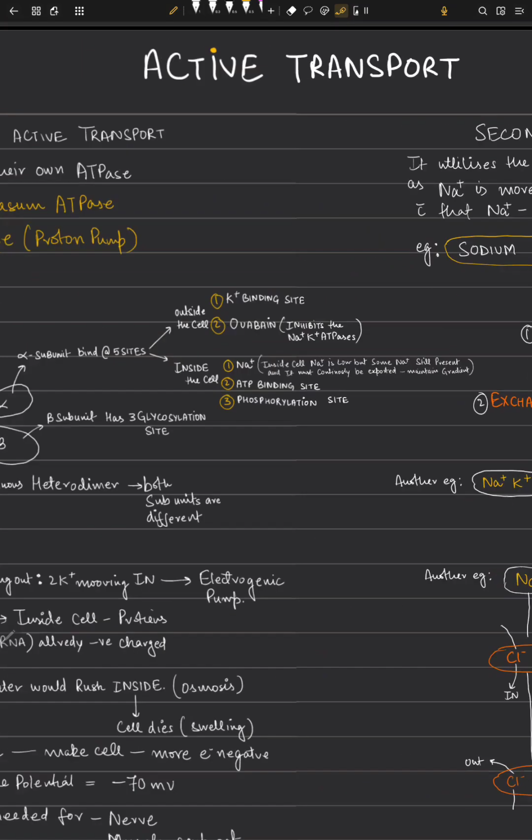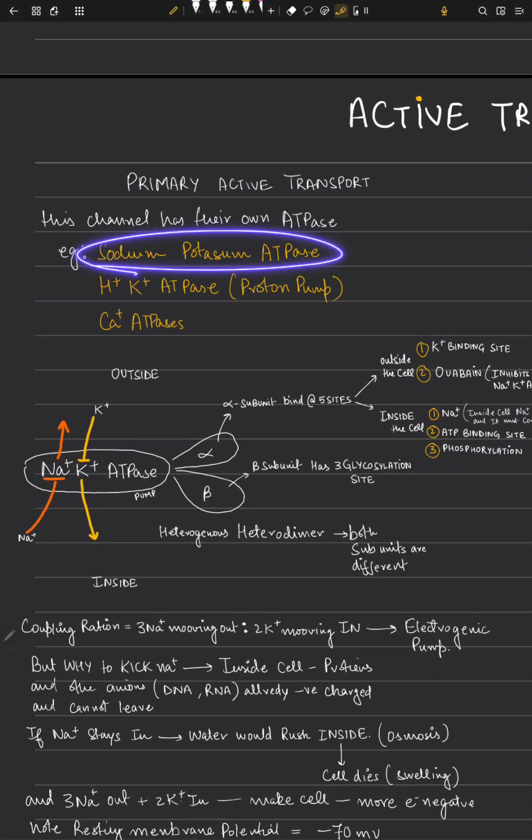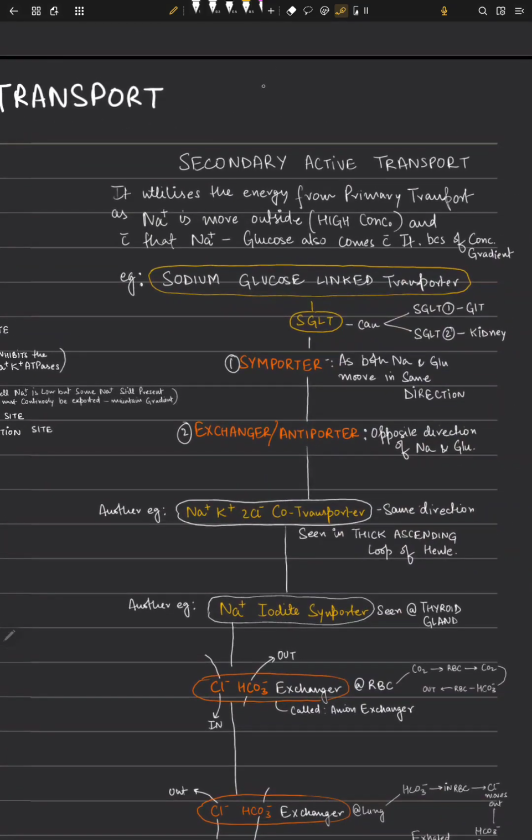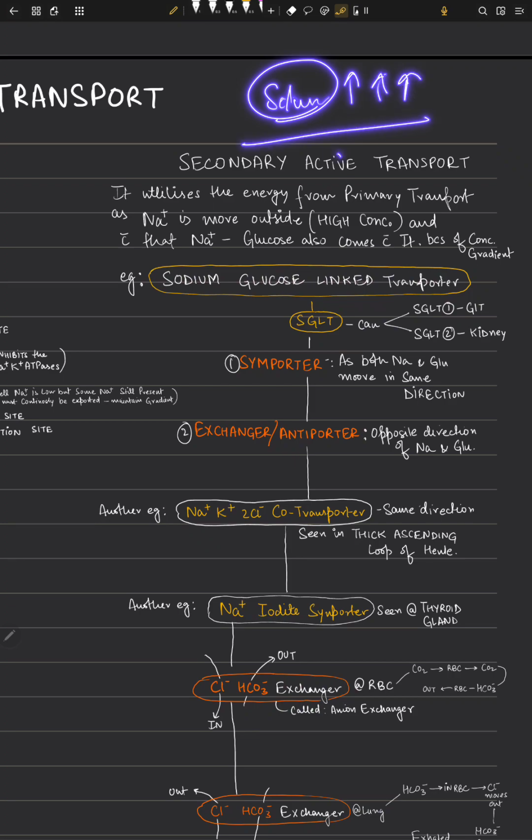Just imagine, because of the sodium ATPase pump, a lot of sodium is outside the cell in the extracellular space. So the concentration is up outside, and inside the cell there is very little. Nature wants to achieve equilibrium, we want to achieve nirvana.